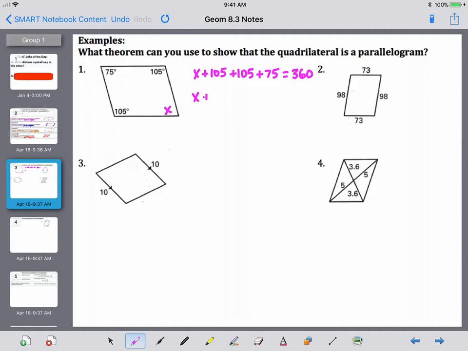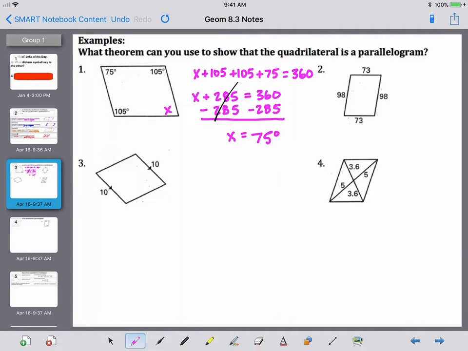So if I combine these like terms, 105, 105, and 75 add up to 285. So now to get x by itself, if I subtract 285 from both sides, these will cancel, and we end up with x equals 360 minus 285, which is 75.